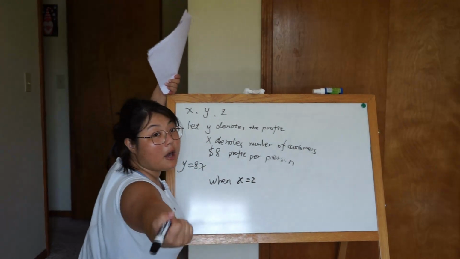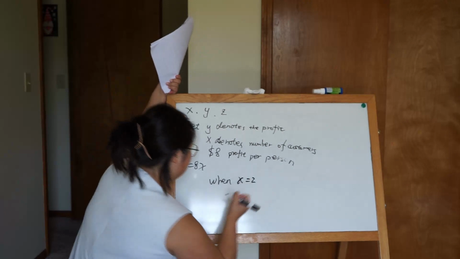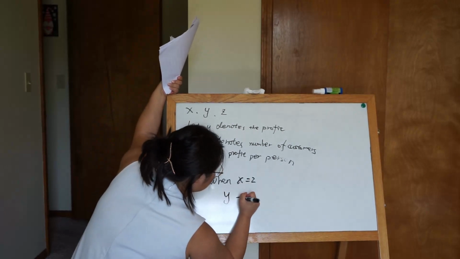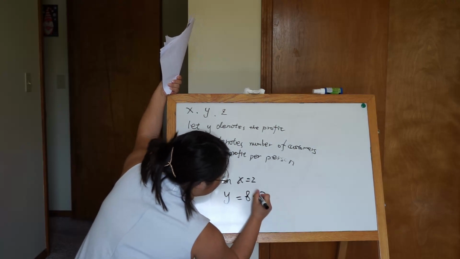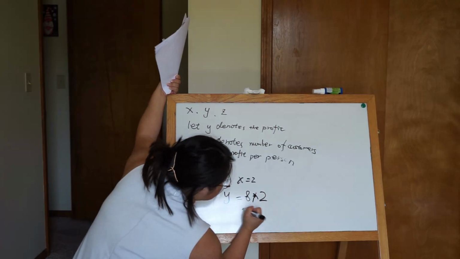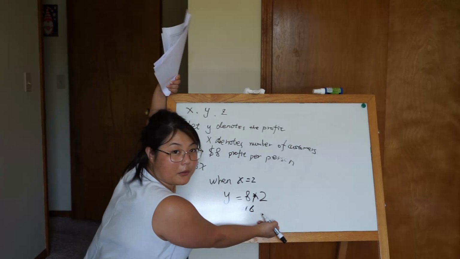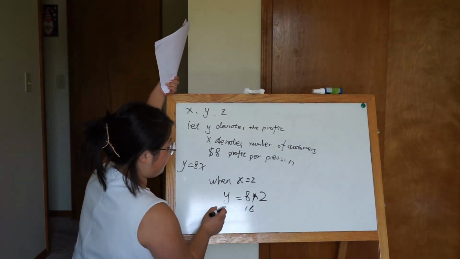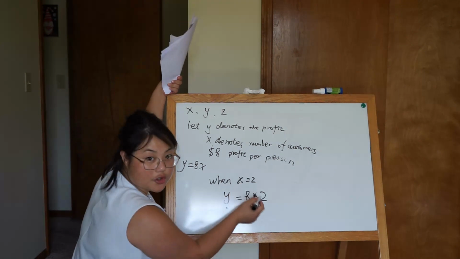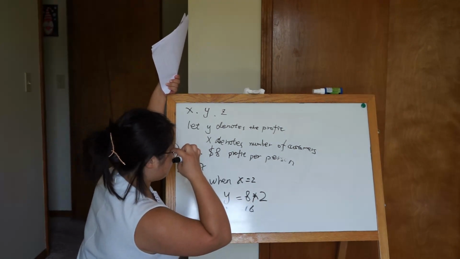Two people. How much profit will we get? We will get y equals 8 multiplied by 2. Okay, the multiple. That is 16. 16 profit we will get. This is the solution for y when x equals 2. Okay, this is the equation.